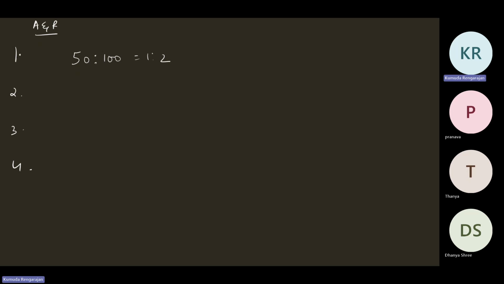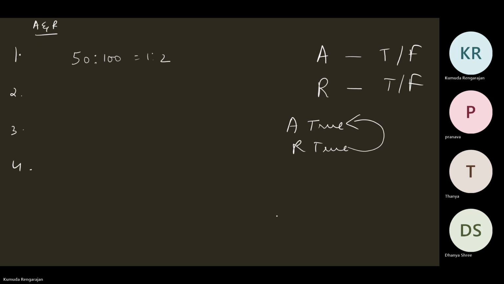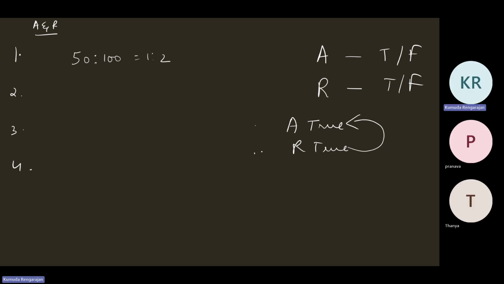First you check if the assertion is true or false, and then you check if the reason is true or false. If both are true, then you must check if the reason is explaining the assertion. Only if both are true will you get option A or B.